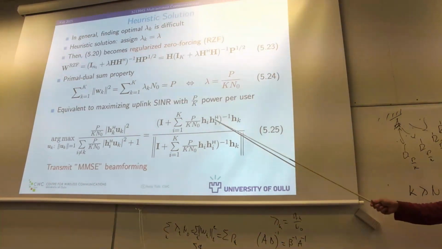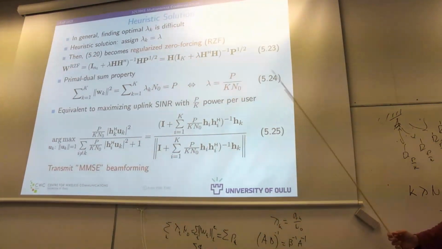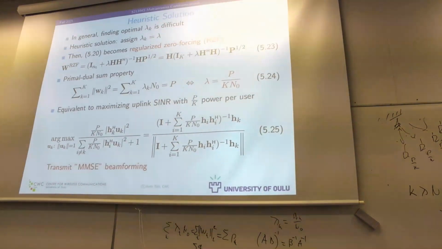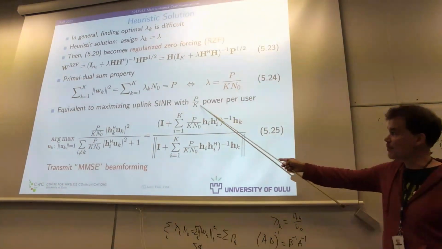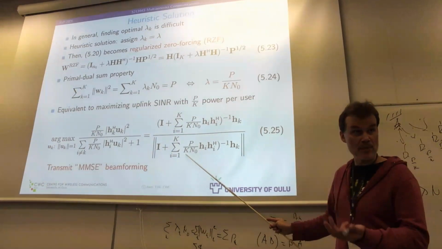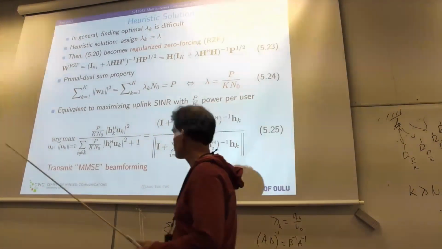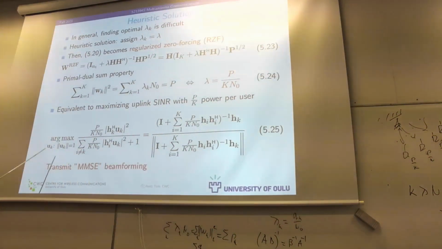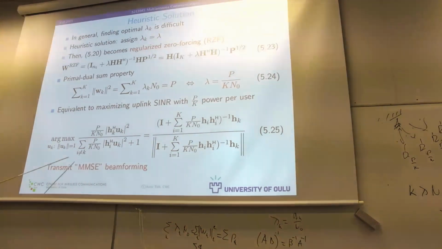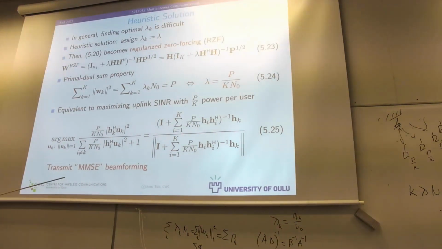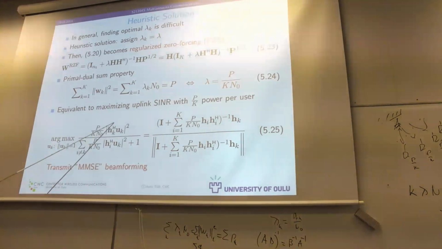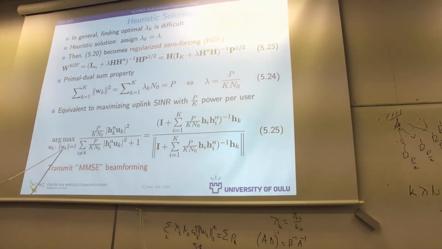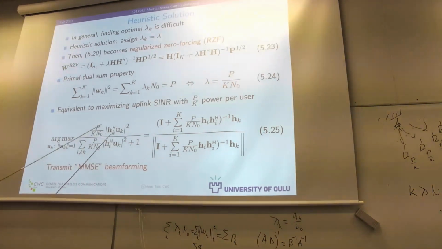This is the uplink MMSE receiver with equal power per user. Okay, and this is the normalization. So this is the normalized uplink MMSE receiver. So we can call it transmit MMSE beamforming. So it's basically finding the optimum UK for this uplink SINR, right?